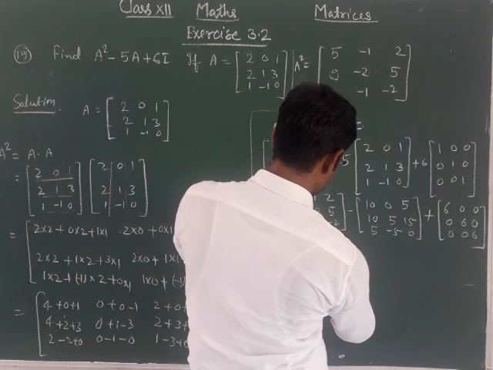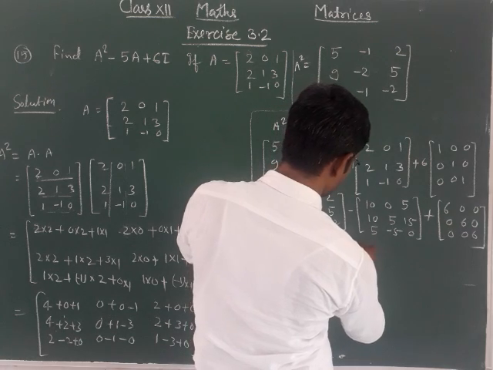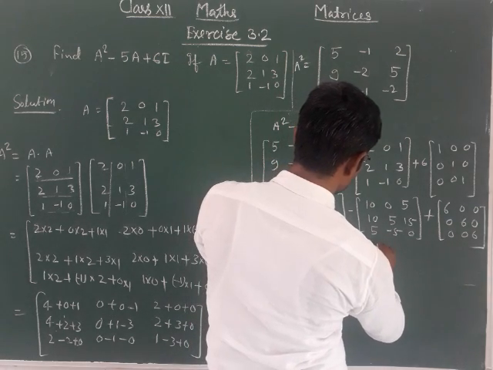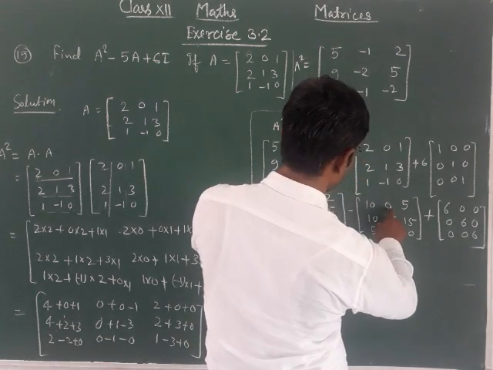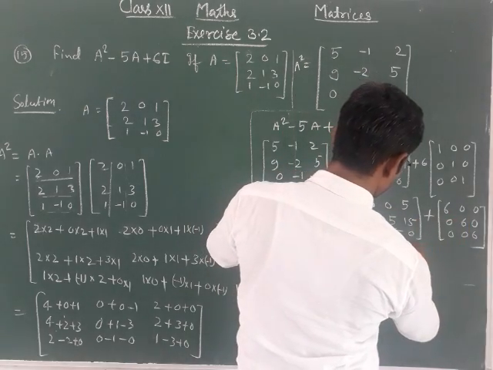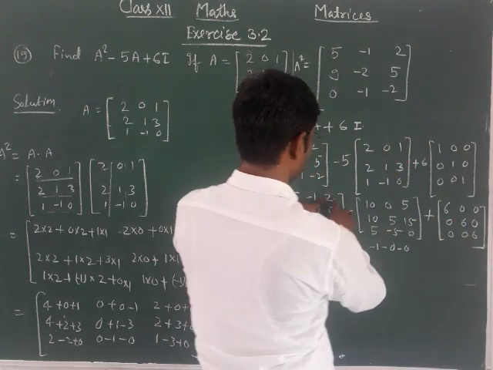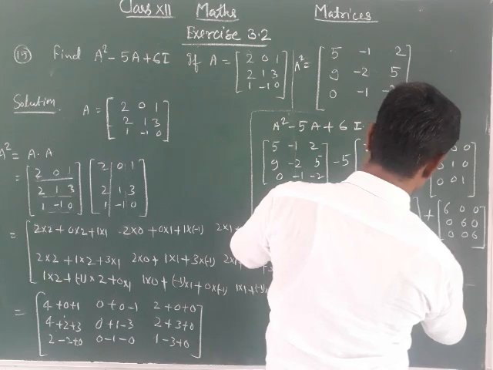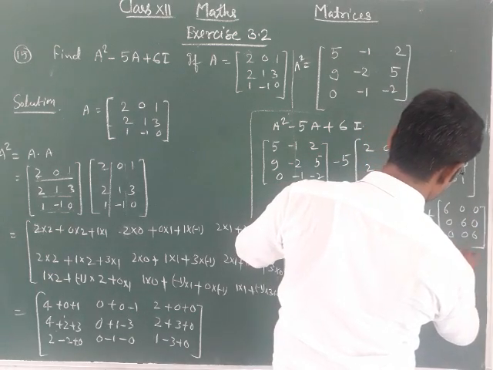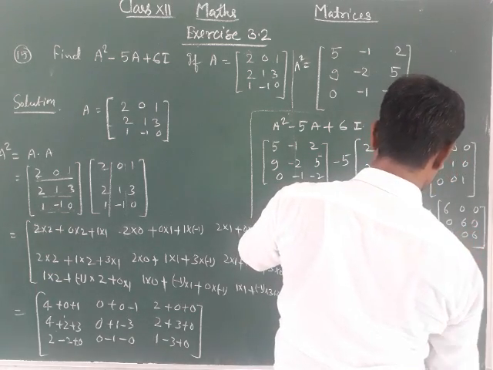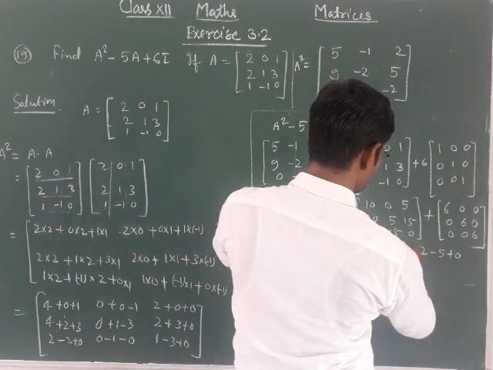So now we get 5 minus 10 and plus 6, also minus 1 minus 0 and minus 0, and the 2 minus 5 minus 0 plus 0, and plus 0.